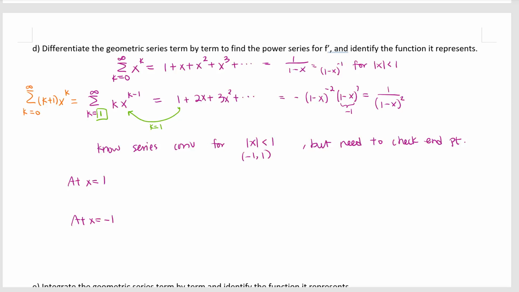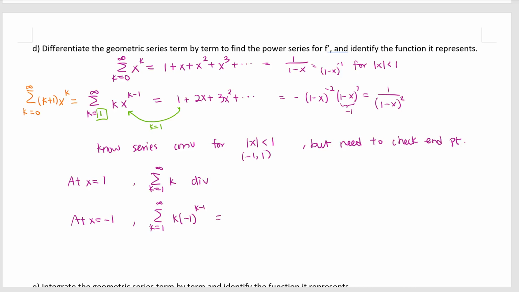When x equals 1, what happens? Let's plug this in. We have the sum from k equals 1 to infinity, and x is 1, so it's just k. You're adding a lot of positive numbers, so of course it will diverge. When x equals minus 1, we have k times (minus 1) to the k minus 1.